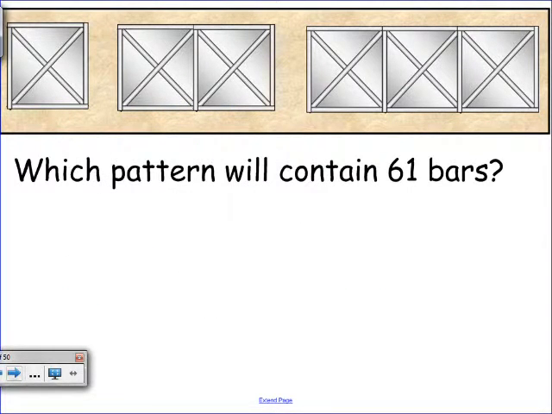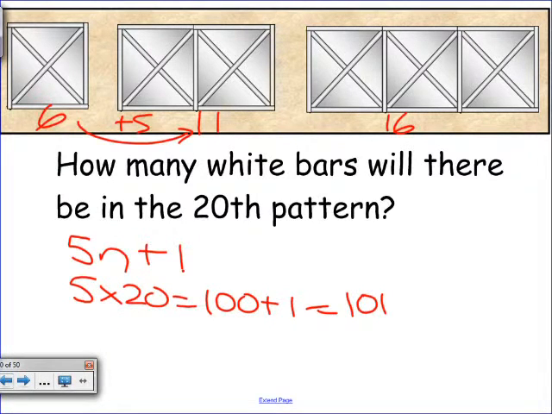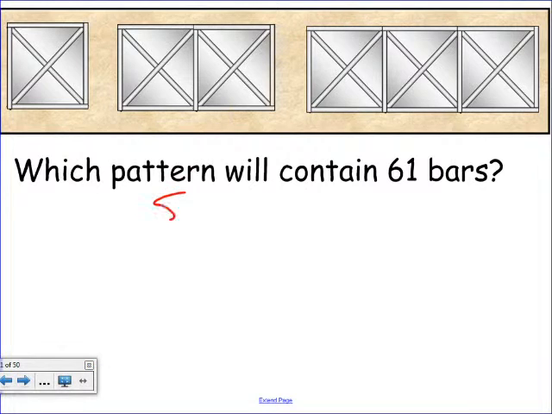There you go. Which pattern will contain 61 bars? I'll tell you what, I'll give you the nth term because you've already worked it out. So there's your nth term. Which pattern will contain 61 bars? So what do I have to do to prove which one has 61? You put 61 in. So we turn it into an equation.